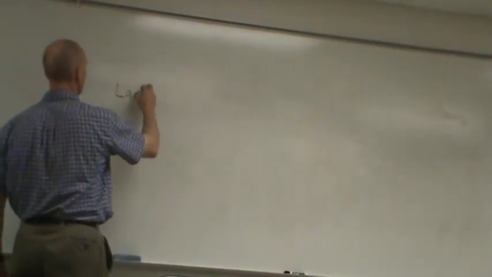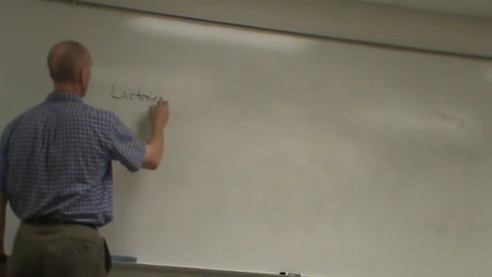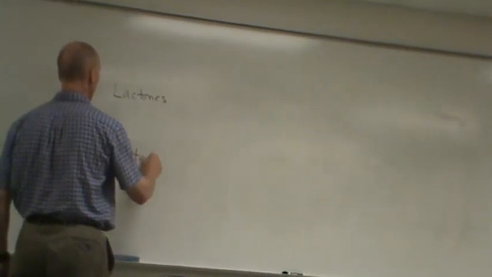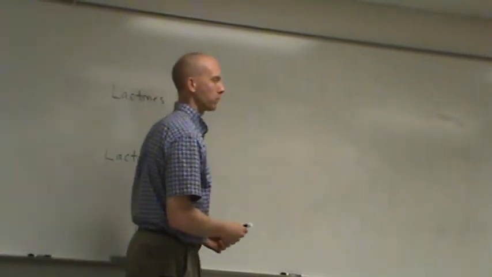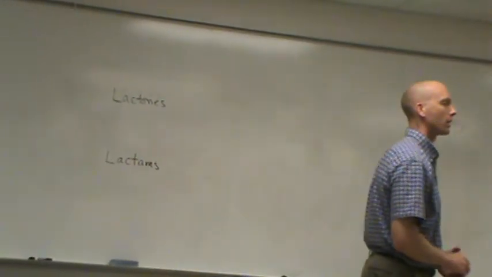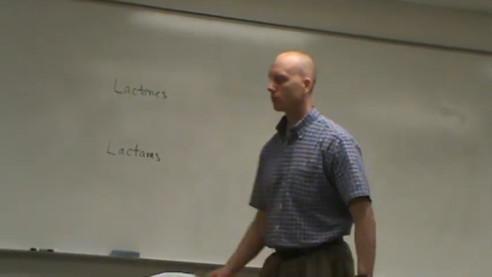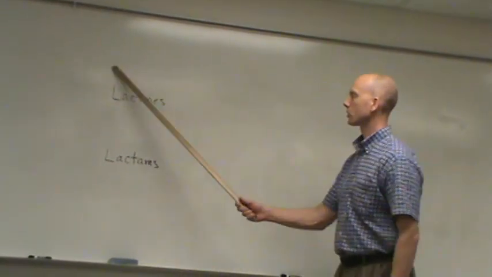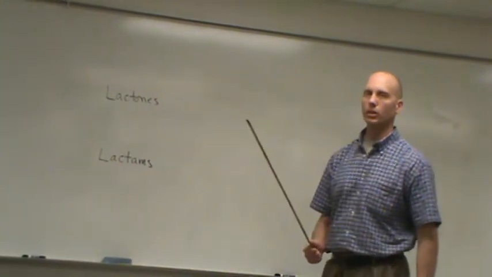Okay, let's look at some compounds. They're called lactones and lactams. Okay, kind of strange names, but we'll see these are very simple types of molecules. Okay, so write it down. A lactone is a cyclic ester.